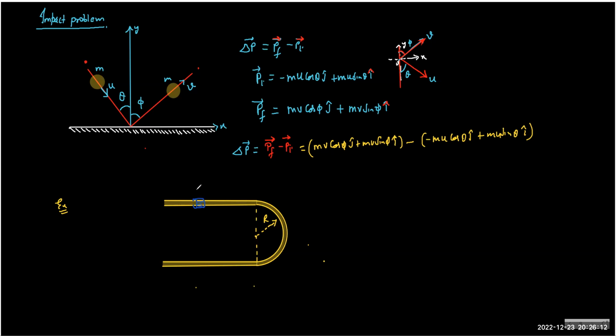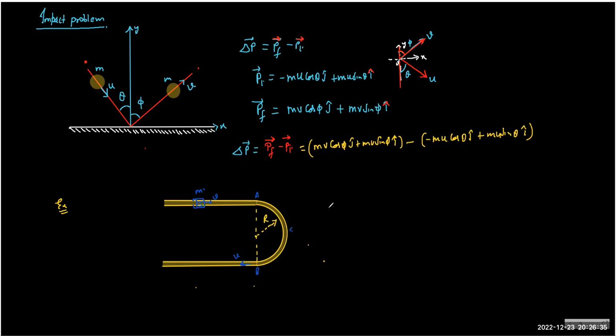This is something invisible, but it is a track which will let it move. So the question is, what is the average force applied by the track in turning the direction? You enter from A, and when you exit from B, you go in the opposite direction with the same speed.